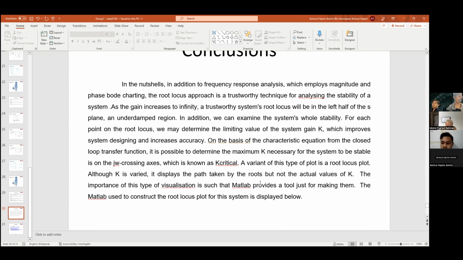And then from the characteristic equation of the closed loop transfer function, we will get the possible value of the maximum K. I make it short, so this is the conclusion from us.